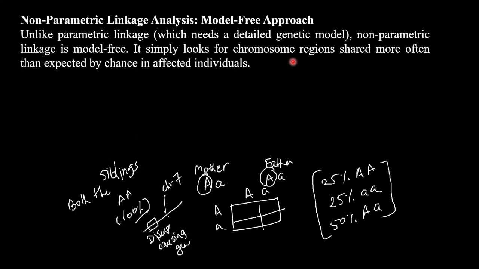You are just finding out, if both siblings have the disease, what region is sharing more than expected. First you find that out, then you assume that it could be because of the gene which is causing the disease. So this is non-parametric linkage analysis.